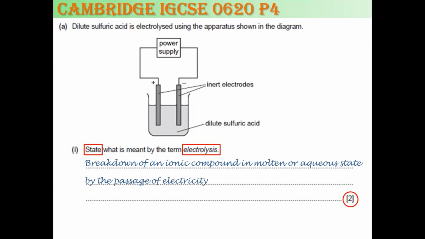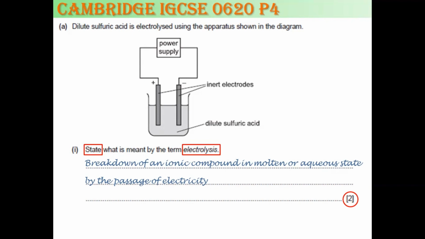Now, when examiners award marks, they can change the allocation that I've shown you here. You might be in a case where they'll say, for the first mark, it's breakdown by passage of electricity, and the second mark is of an ionic compound in molten or aqueous state. So examiners do this. At times they change how they give the marks.